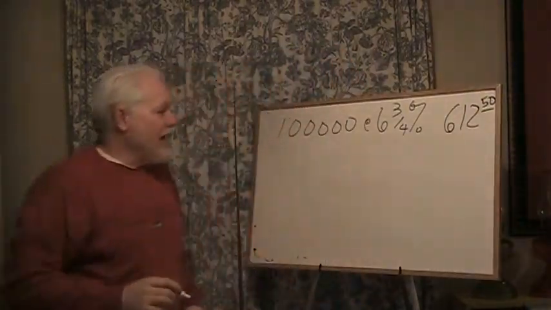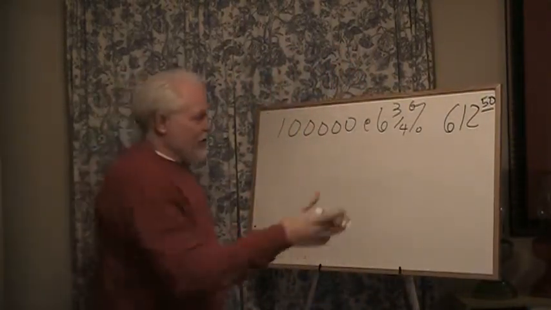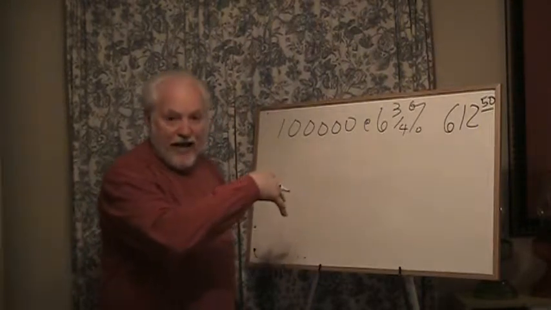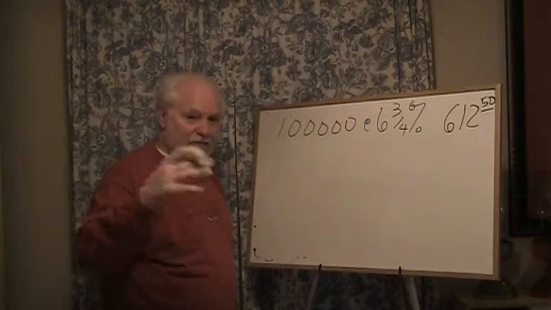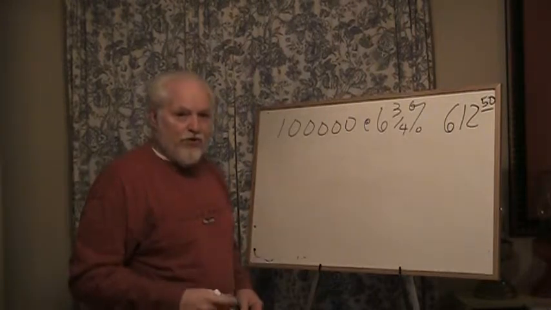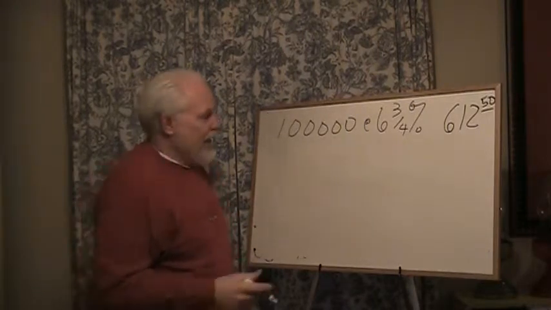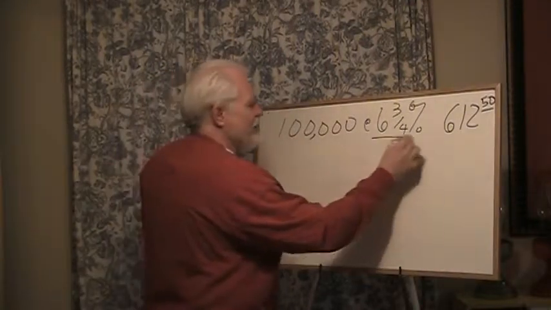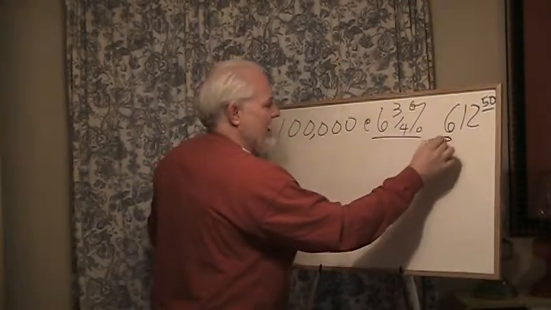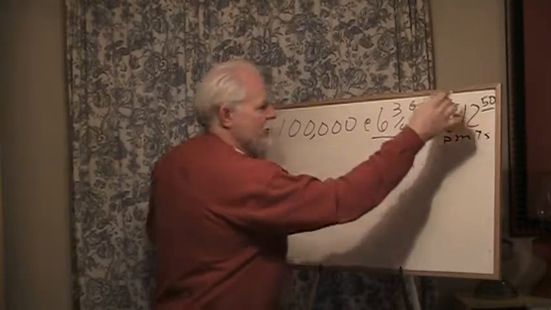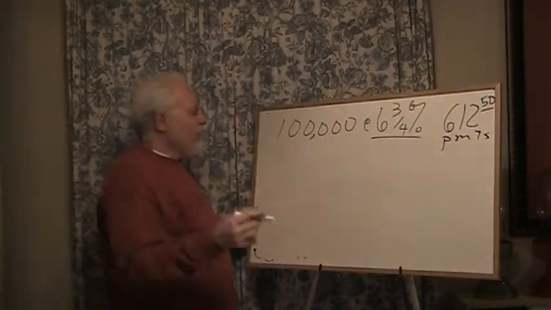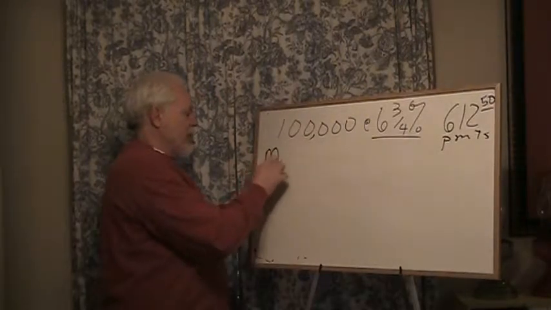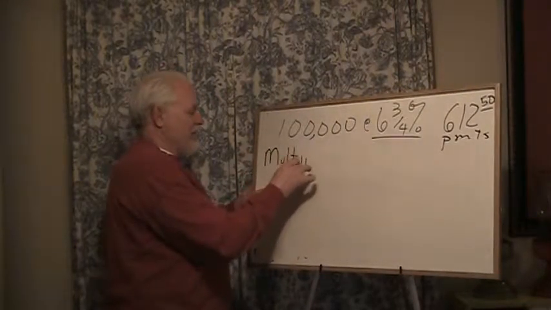Now, the most likely way we'll get the payments on the test is they will just give them to us. You may remember in the last tape we talked about how to compute the payments if they give them to you per thousand, and we'll repeat that. But in this example, we're borrowing $100,000 at 6 3/4, and our payments are $612.50 per month.